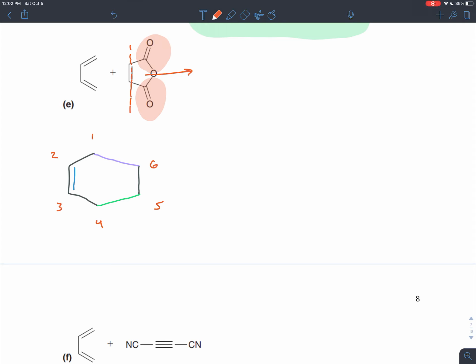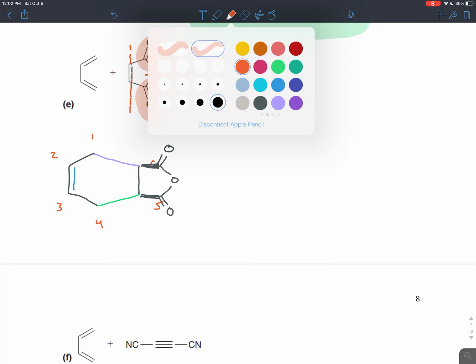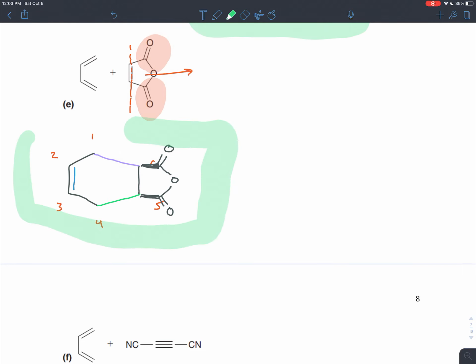And so we're going to want those two going in the same direction. So we can either have them both coming out or both going away. Either way, it's the same. And so then we'll just have that oxygen there, the double bond there, and that would be your product for this Diels-Alder reaction. And an equivalent product, the same exact molecule, just viewed from a different direction, would have these two bonds as dashed wedges.